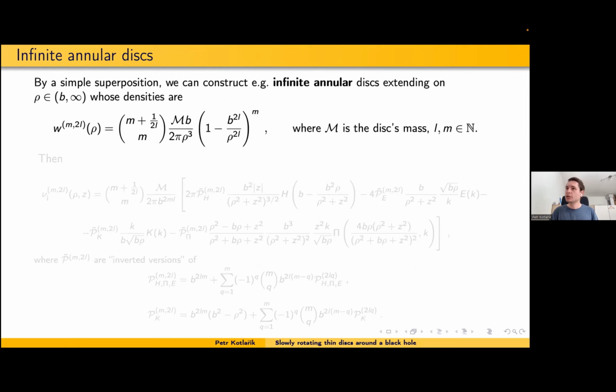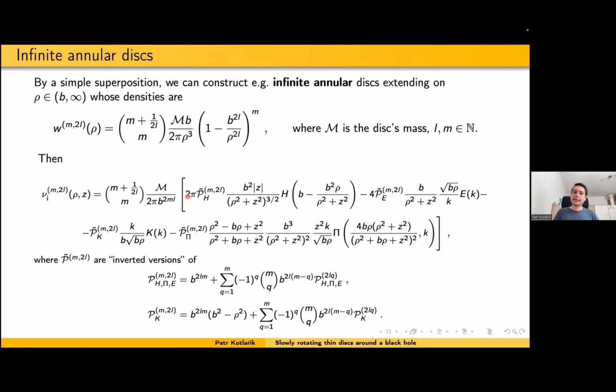And one particular solution which will be useful here are infinite annular disks. So we are assuming that we have infinite disks, but with finite mass m, that are stretching from some finite radius to infinity and have the density of this form.